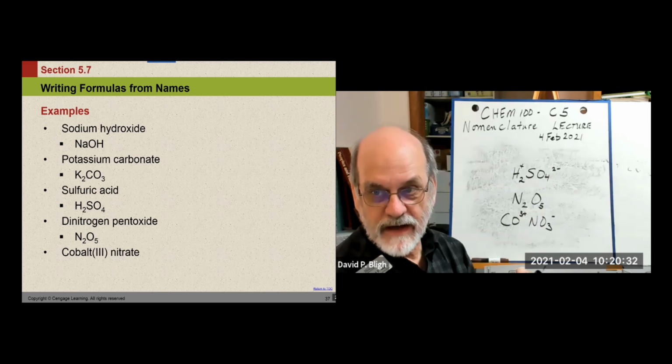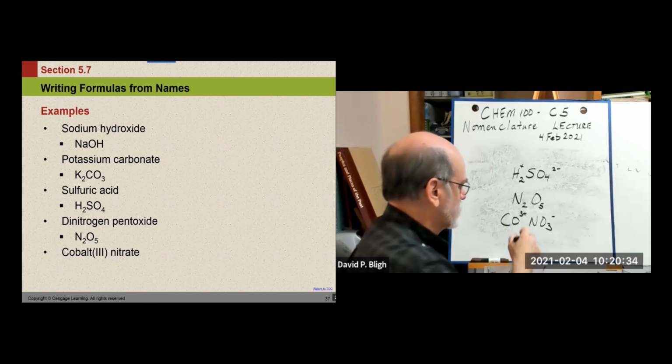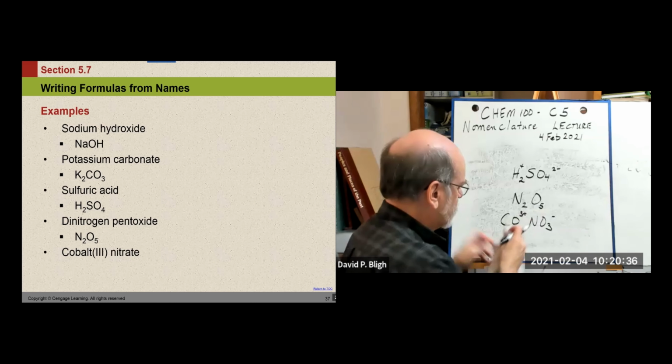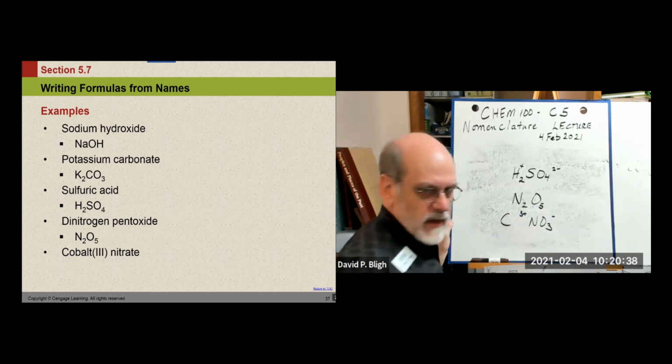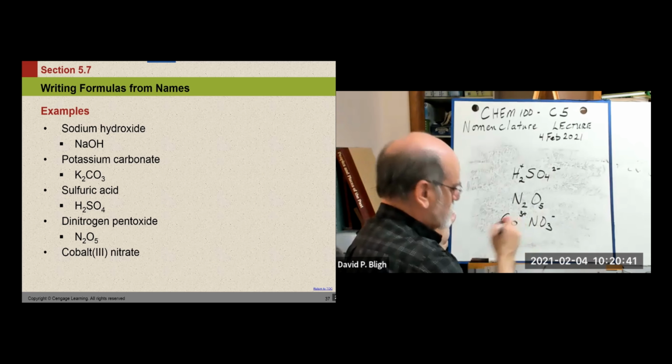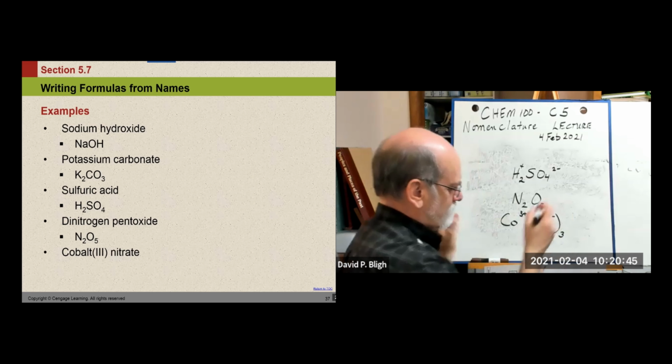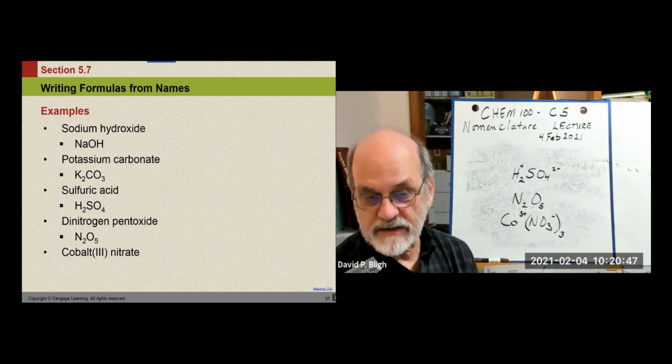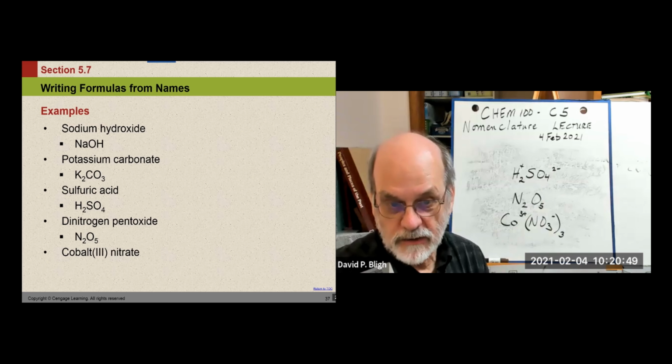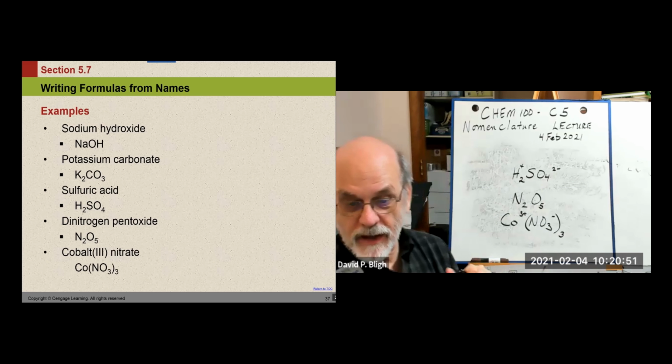So how many nitrates do we need to balance the 3+? So let me write that a little better. That O's too big. There we go. We need 3 polyatomic ions to balance the cobalt. Okay?